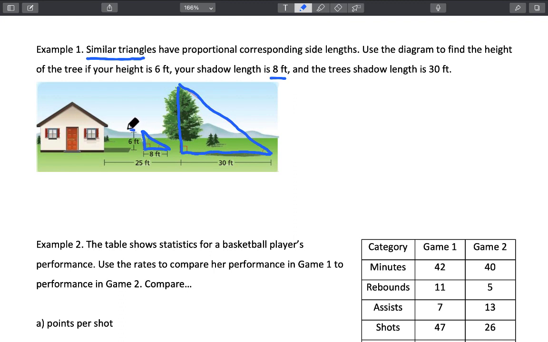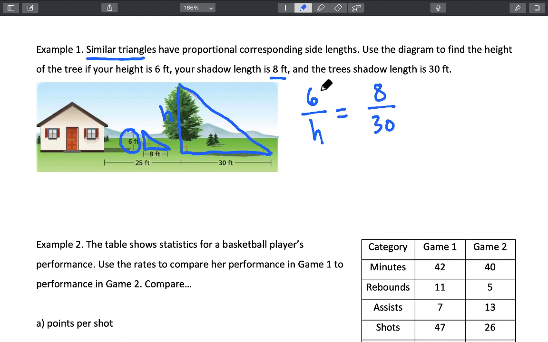So if we take the corresponding side lengths of the 6 foot of the person over the height of the tree, that's the variable here that we're going to look to find, and set it equal to the length of its shadow, which is 8 feet here for the person, over 30 feet here for the tree, then what we have is a proportional relationship.